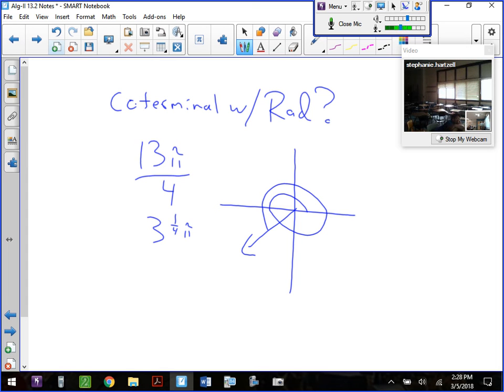The reason that I can do that is because here's 0, here's 1 pi, here's 2 pi, and I know I had to go around 3 1/4. A quarter is 45 degrees. If it was a half, it would have been on the axis.